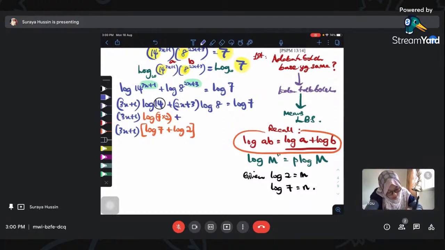Bila kita dah dapat log 7 plus log 2, bolehlah kita masukkan, oh this is m plus n. Do you understand it? M plus n. Sebab log 7 is m, according to what it is given to us. While log 2 adalah n.